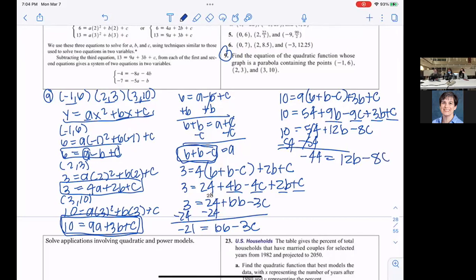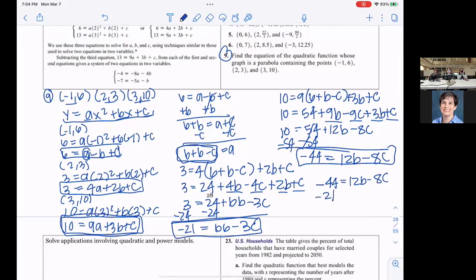So now we have a system of equations. So we're gonna use this one and this one. And we can set that up. Negative 44 equals 12B minus 8C. And then we have a negative 21 equals 6B minus 3C.